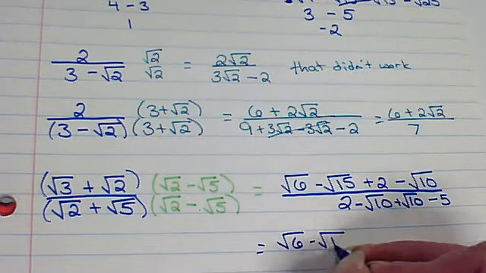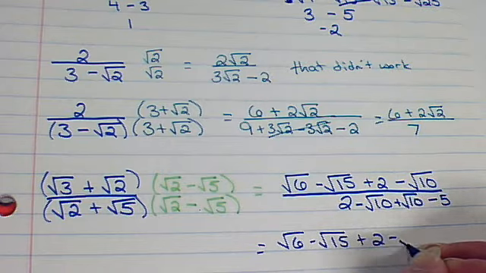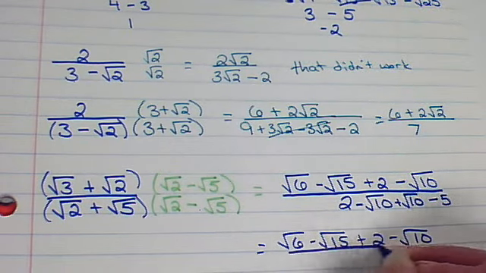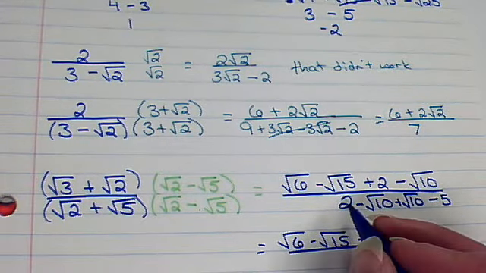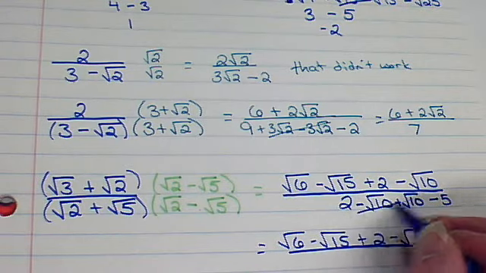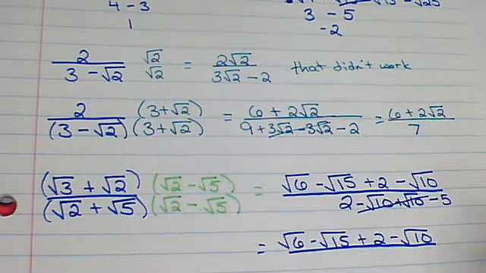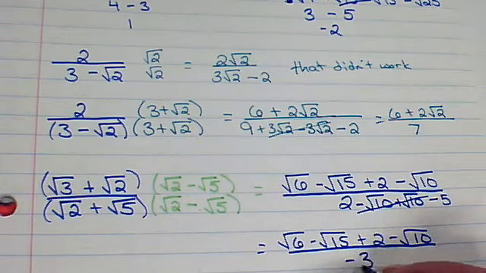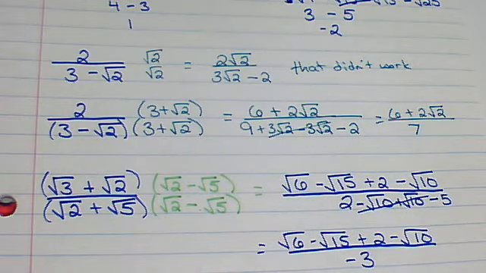So the numerator, we don't have any like radicals. Can't do anything there. Here, those middle terms go away. I have 2 minus 5, which is negative 3. I am done. That is all you have to do to rationalize the denominator with conjugates.